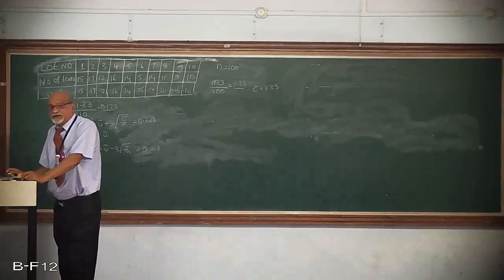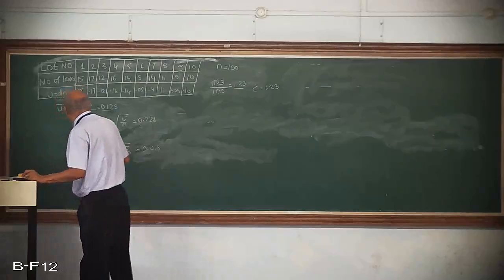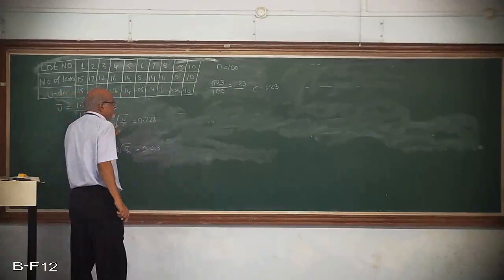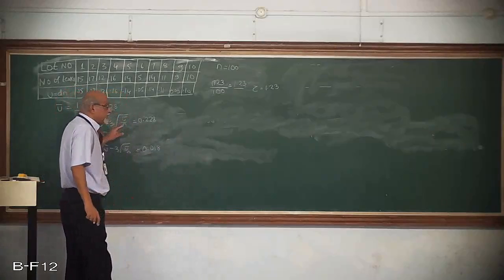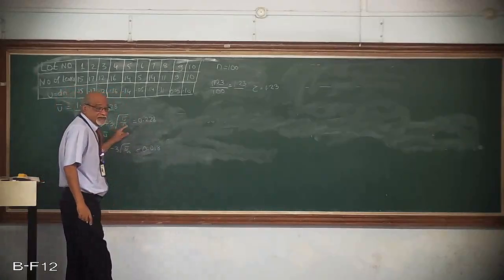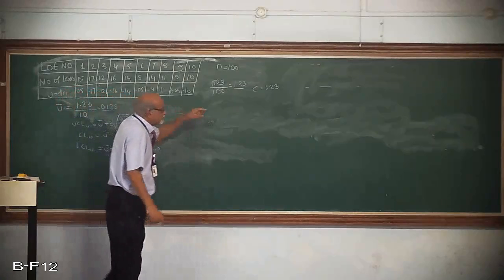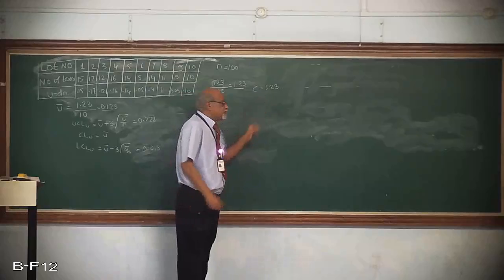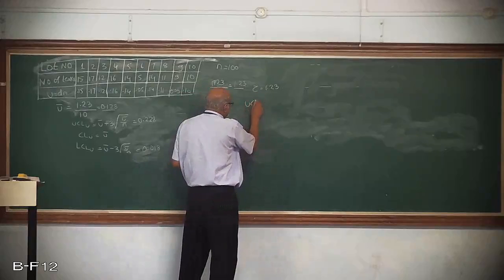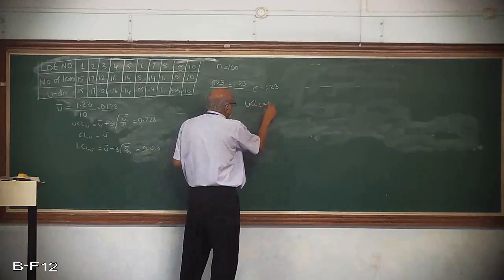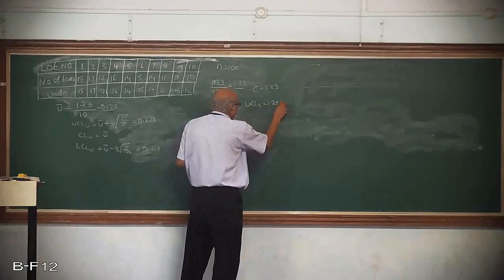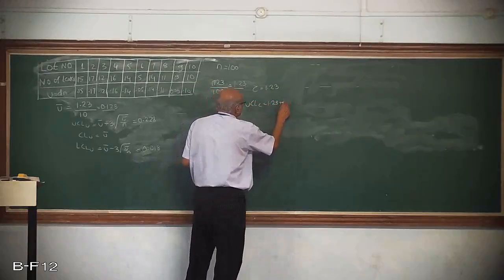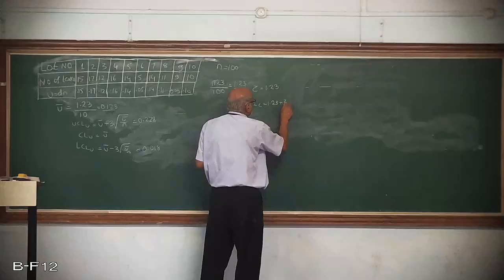If you calculate the upper control limit here, what is going to happen? This will not be U bar by n, C bar by n, no. Now it is under root. That means upper control limit is 1.23 plus 3 under root 1.23.